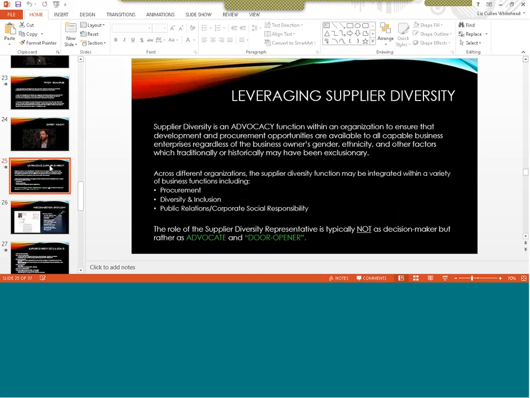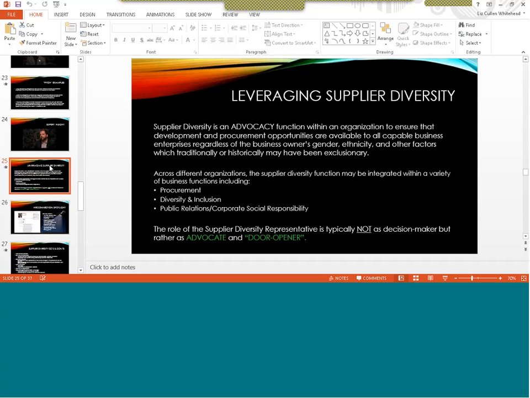So as we talked about before, supplier diversity is an advocacy function within an organization. It ensures the development and procurement opportunities are available to all capable business enterprises, regardless of the business owner's gender, ethnicity, and other factors, which traditionally or historically may have been exclusionary. So the idea is that they want the best suppliers.